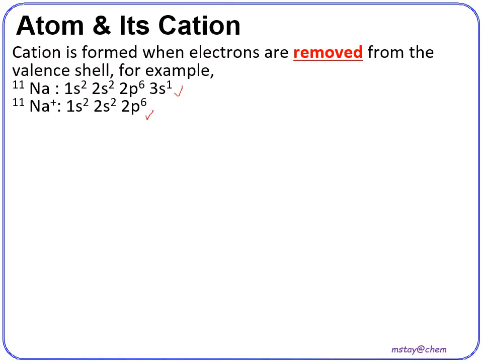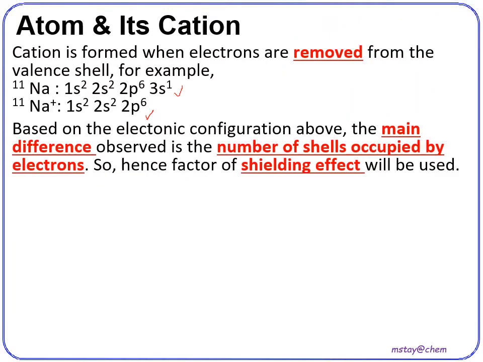Based on these two electronic configurations, it is very obvious that the main difference is the number of shells occupied by electrons. Because of this difference, we are going to discuss the size difference between the atom and its cation using the factor of shielding effect.